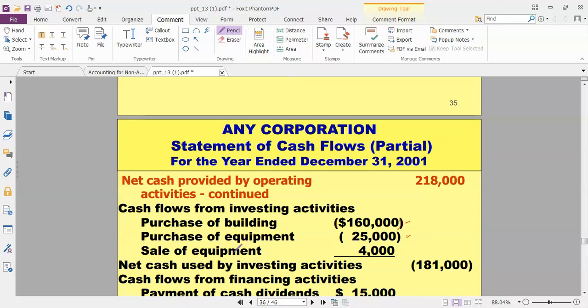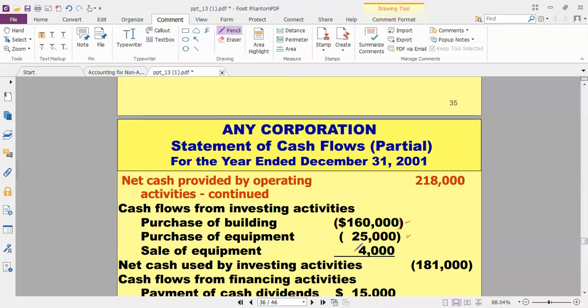Okay. How about sale of equipment? If there is a sale of equipment, it means that there is some equipment or some assets that the company will no longer use, so the company takes action to sell their equipment so that the company will get money from the sale of the equipment, 4,000.